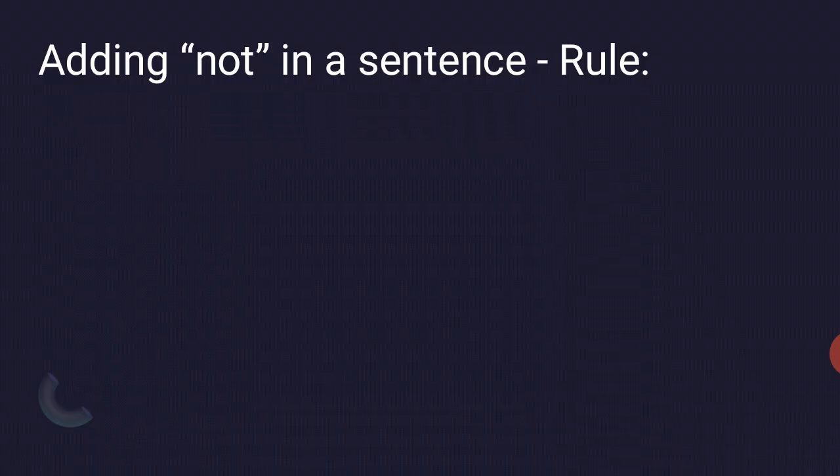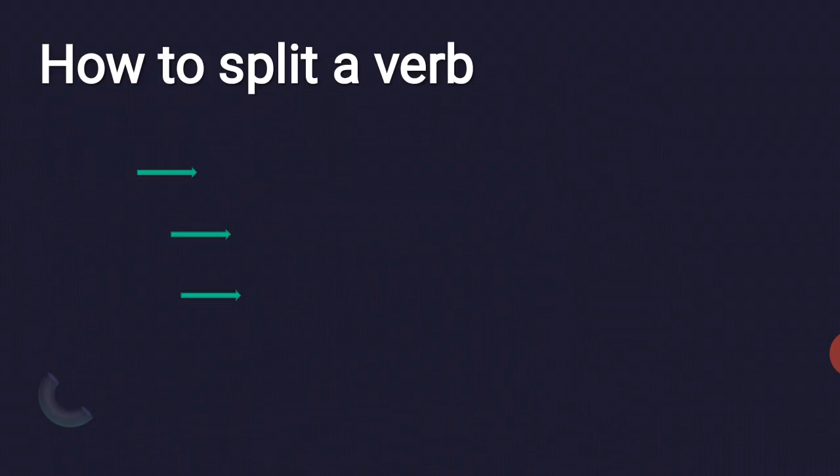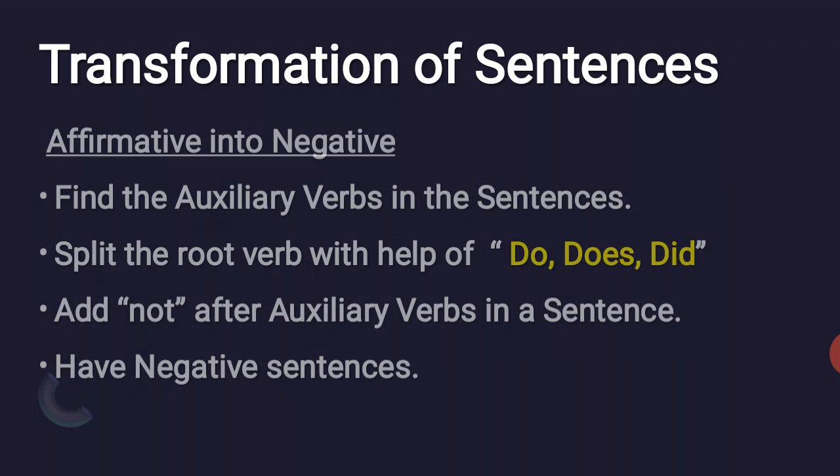Before that, you should know what I have told you: first of all, we have to find the auxiliary verbs in a sentence, split the main verb with the help of do, does, did, and add not after the auxiliary verb in the sentence. Now we have a negative sentence.